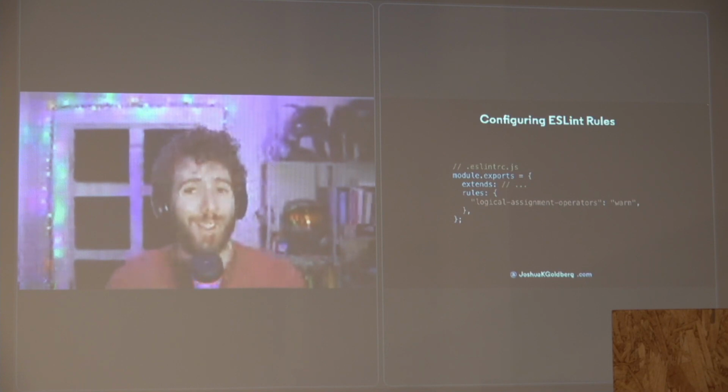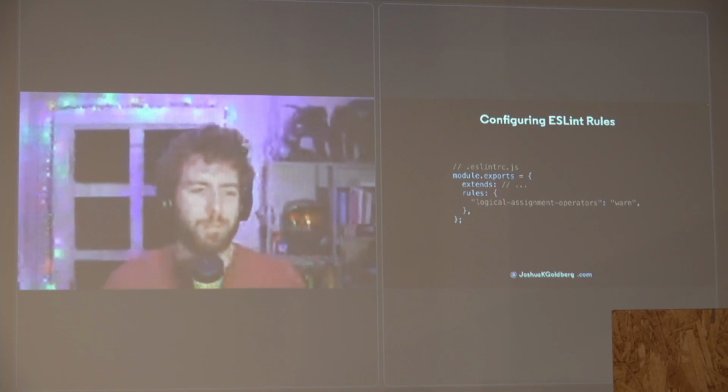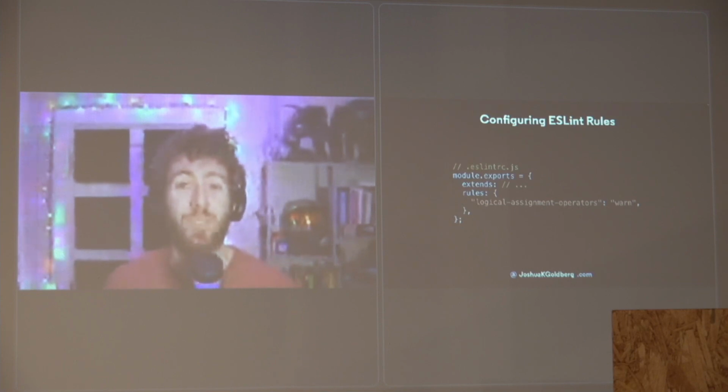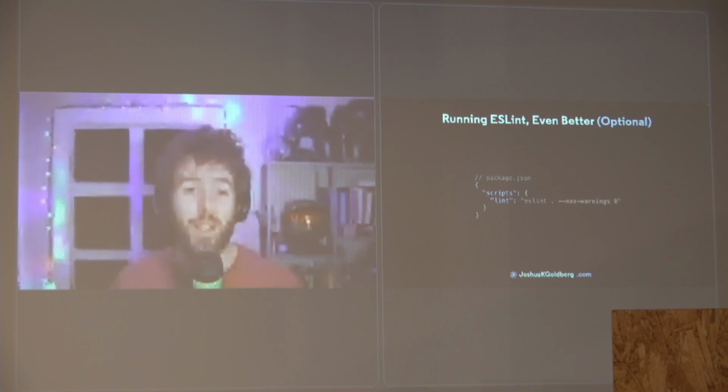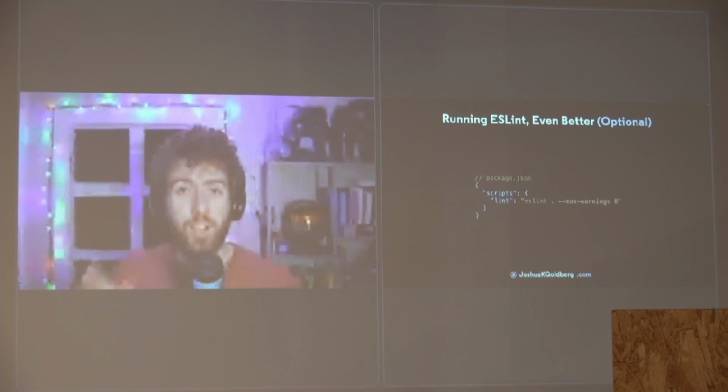But the downside of warnings is that they don't fail to build. So left unchecked, they can kind of accumulate over time in your code base. So I recommend also running ESLint with --max-warnings set to as low a number as possible, ideally 0, which says if I see any warnings more in total count than that number, I should in fact fail the build.